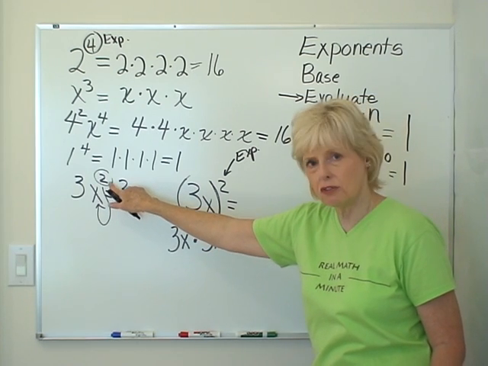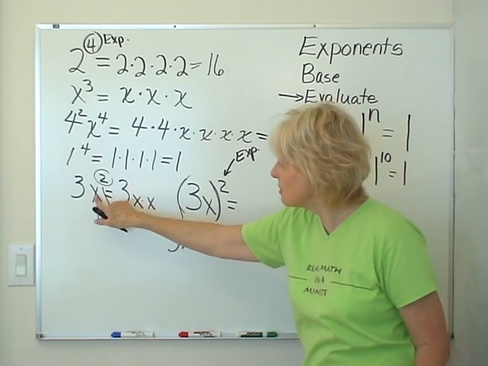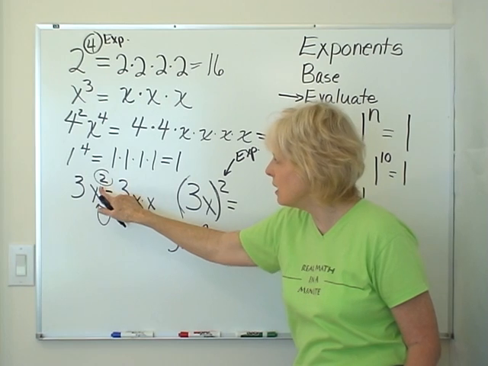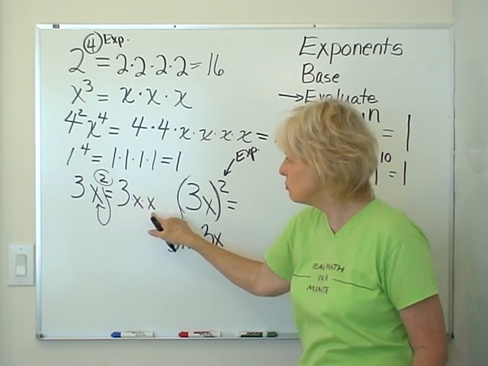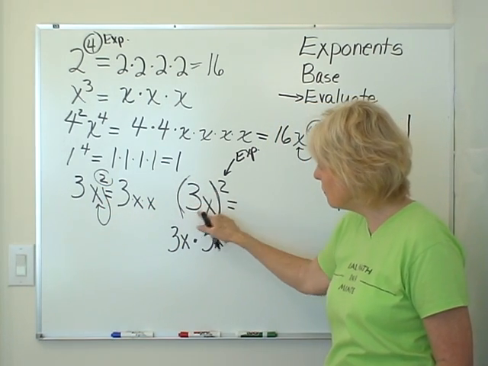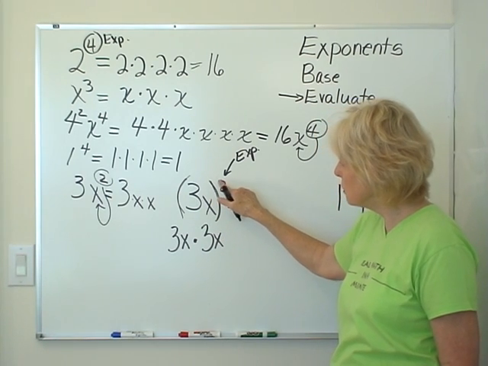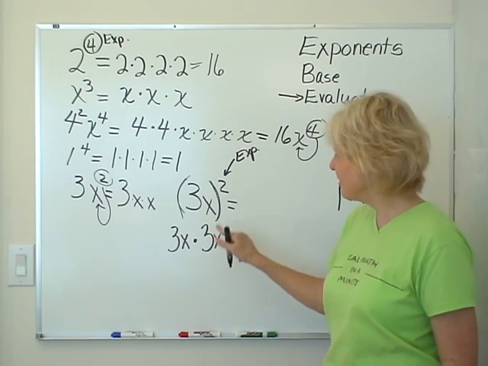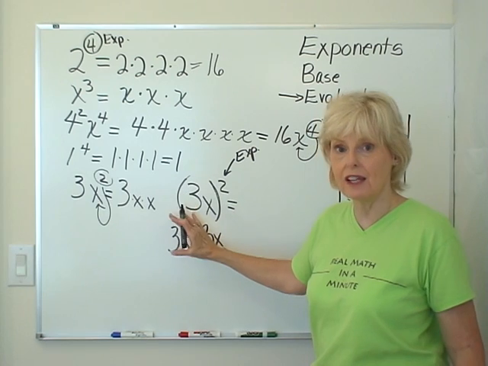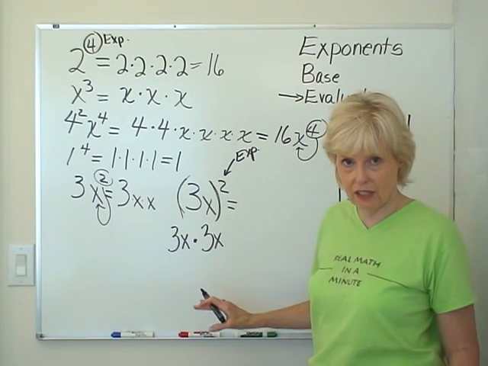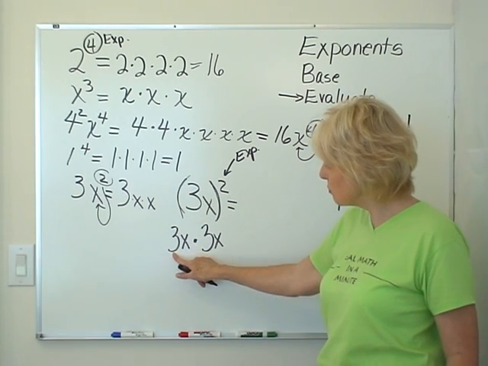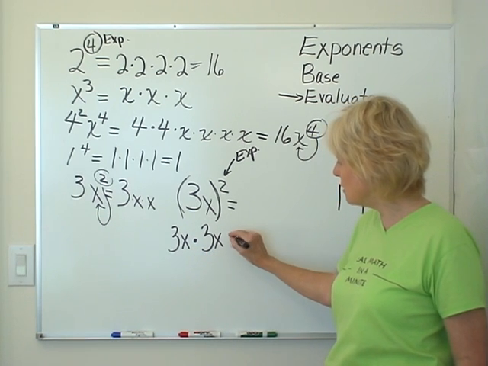You see the difference from this one over here, where I've got 3 just one time, but I've got x 2 times. But when you put parentheses around it, and the exponent is outside, then that exponent goes with the whole thing, and you've got 2 of everything in there. So I've got 3 twice and I've got x twice.